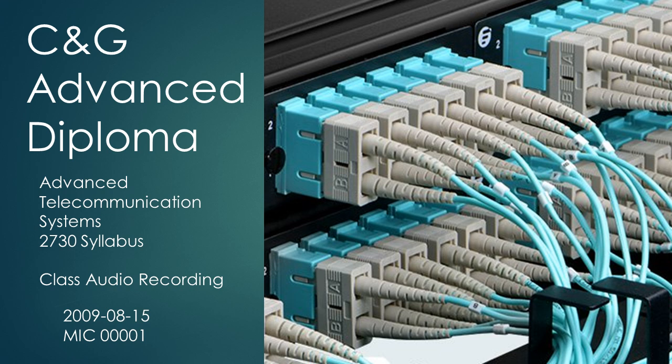Data rate, next one. Sorry, maximum data rate. Fiber channel has two standards: 2.12 gigabits per second and 4.24 gigabits per second.